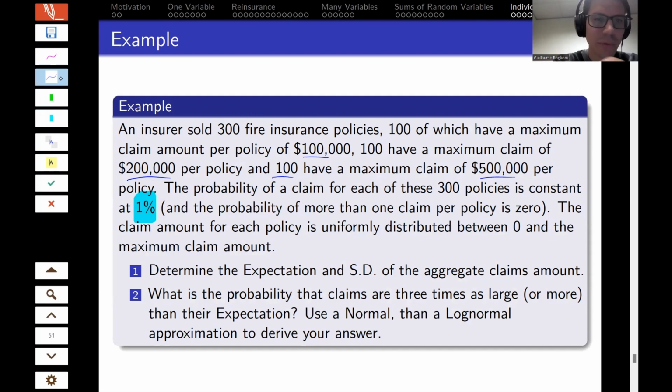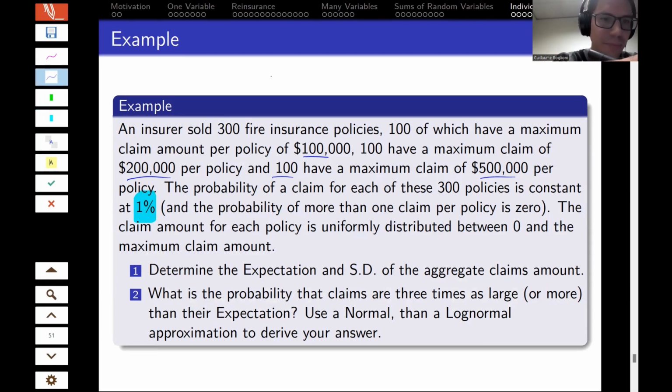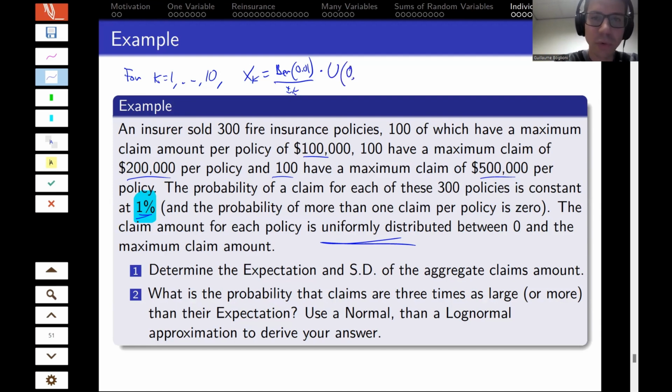In the notation of before, for k equals 1 to 100, X_k would be a Bernoulli with probability 1%, that's the I_k from before, times a uniform from 0 to 100K.